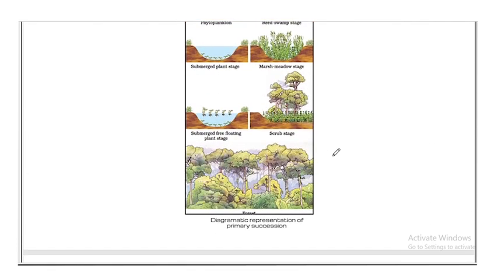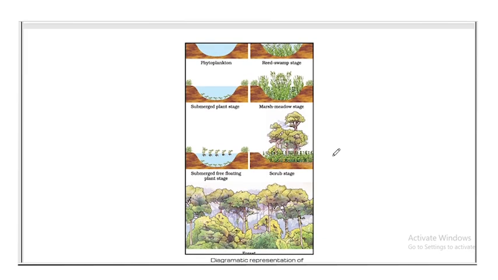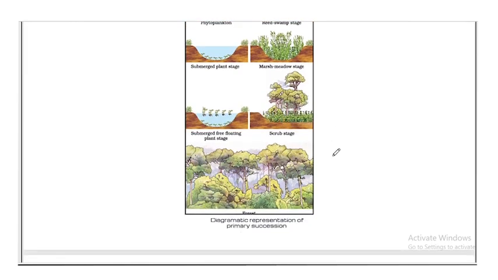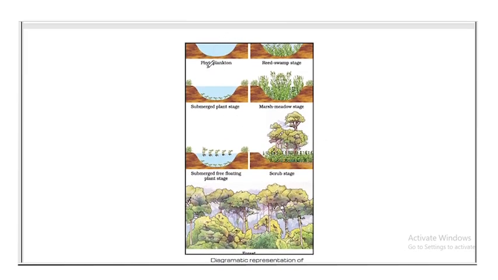So this is a diagrammatic representation of a primary succession in water. So first the phytoplanktons will come, then some submerged plant stages will come. This will be followed by submerged free floating plant stage. This will be followed by reed swamp stage, which is again followed by marsh meadow stage, then a scrub stage, and it will finally lead to forest, a stable forest community.